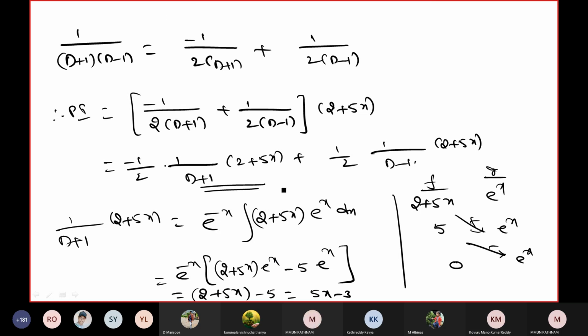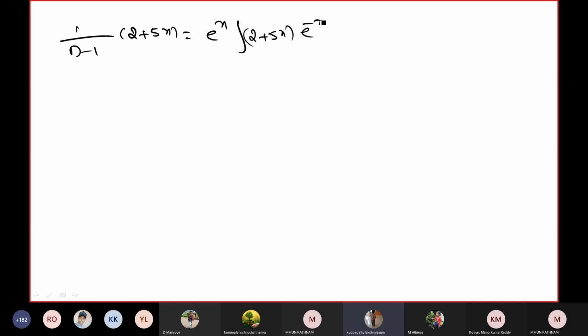Okay, did anyone do the d minus 1 part? Go for this part. How much did you get? e power x into 5x minus 3, sir. Okay. Here also we use the fg rule: 2 plus 5x, e power minus x.